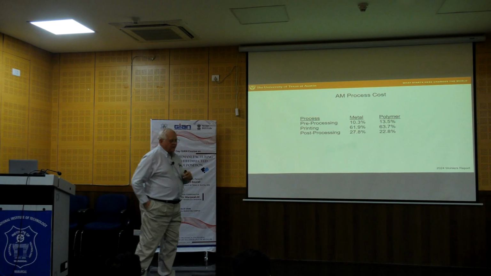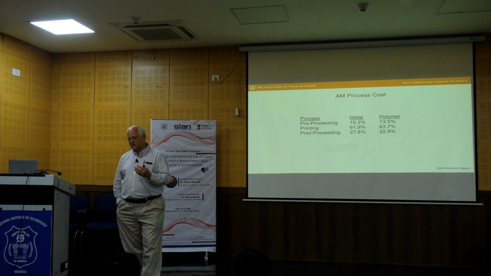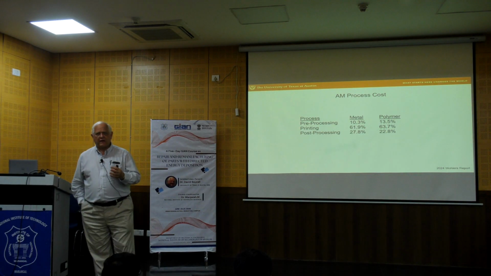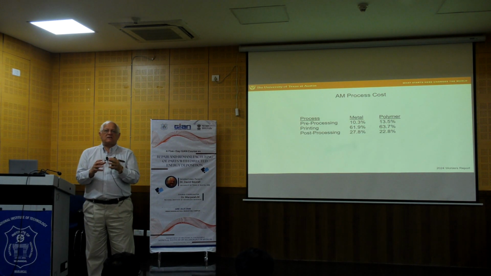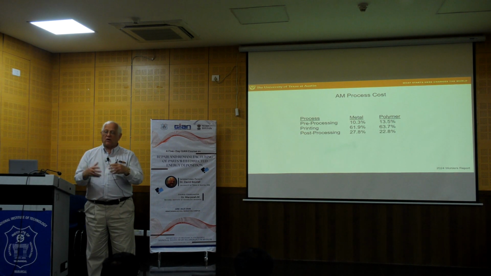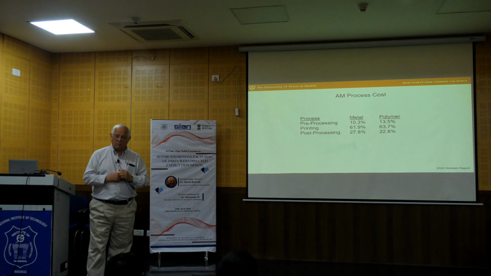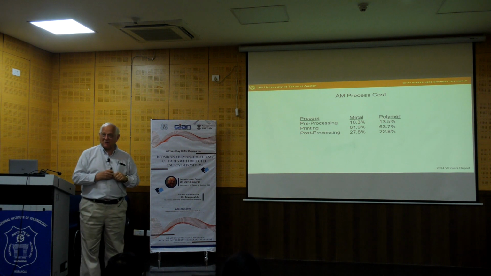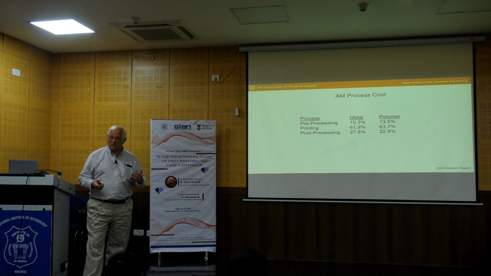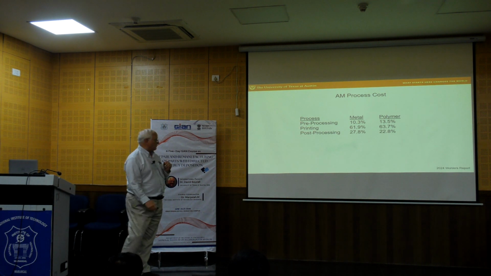I want to mention, typically what's done in additive manufacturing is it's relatively easy to calculate part cost in terms of the build itself, but there are a lot of other costs that go into the part. So there are pre-processing costs, and post-processing costs associated with finishing and perhaps heat treatment.